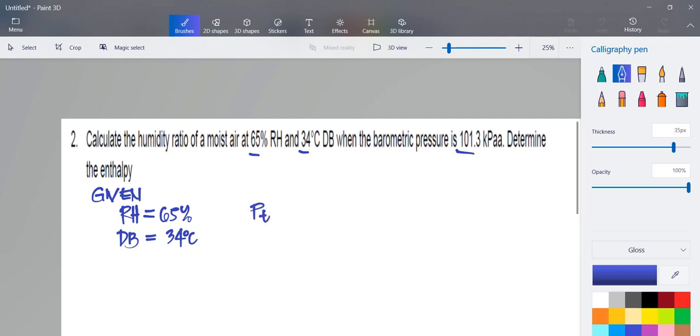Then we have the total pressure, which is equal to 101.3 kPa, absolute. So the required in the problem, or the unknown, is the humidity ratio. So we need to determine the humidity ratio.